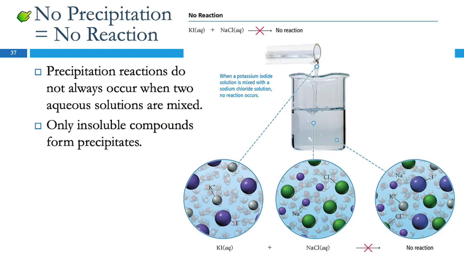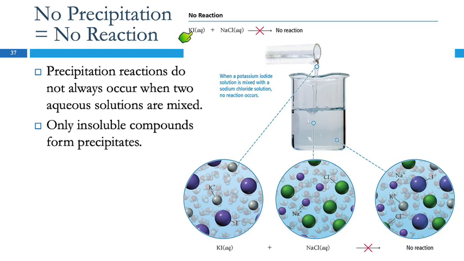If there is no precipitation, then there's actually no chemical reaction. So every time somebody holds a party, does somebody get into a committed relationship? No. Sometimes, but not all the time. When you mix two aqueous solutions, you do not always form a precipitate.